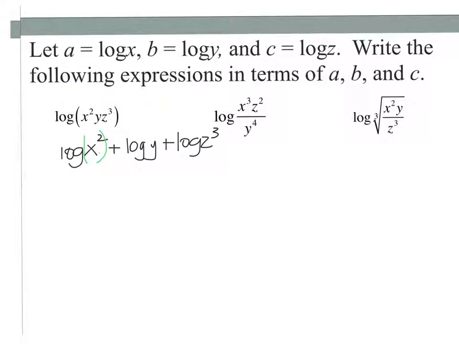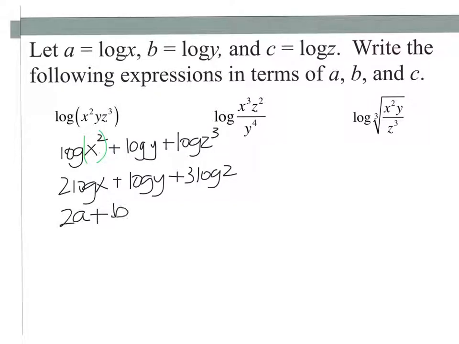I wouldn't necessarily expect you to write down all these steps, but you write 2 log x plus log y plus, what would the last part be? 3 log z. Now I can replace my things. Instead of 2 log x, I can write 2a. Instead of log y, I can write b. And instead of 3 log z, I can write 3c.